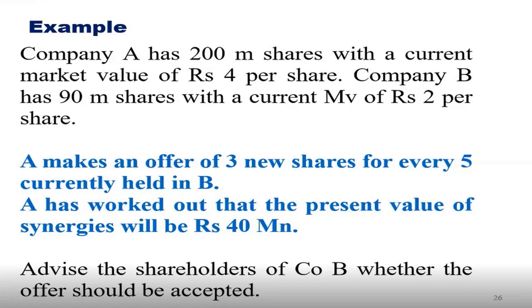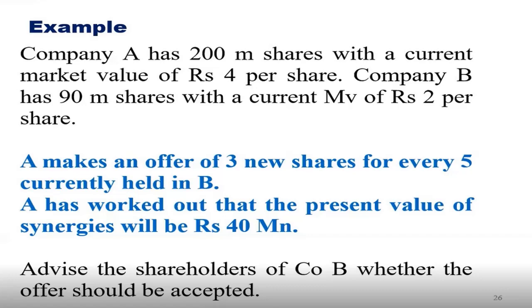Look here, A is saying we will give 3 shares for every 5 shares that you have. So you have 90 million shares, right? So 90 divided by 5 and multiplied by 3 gives how many shares A is going to give.